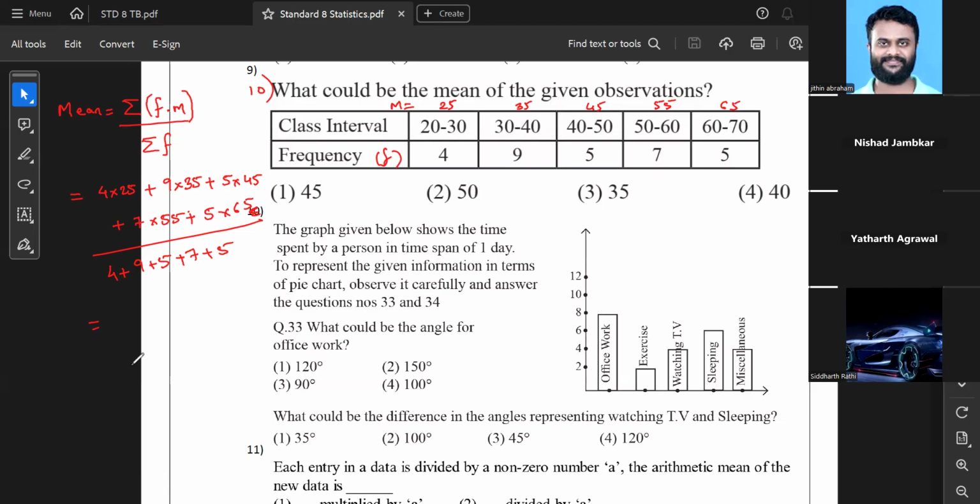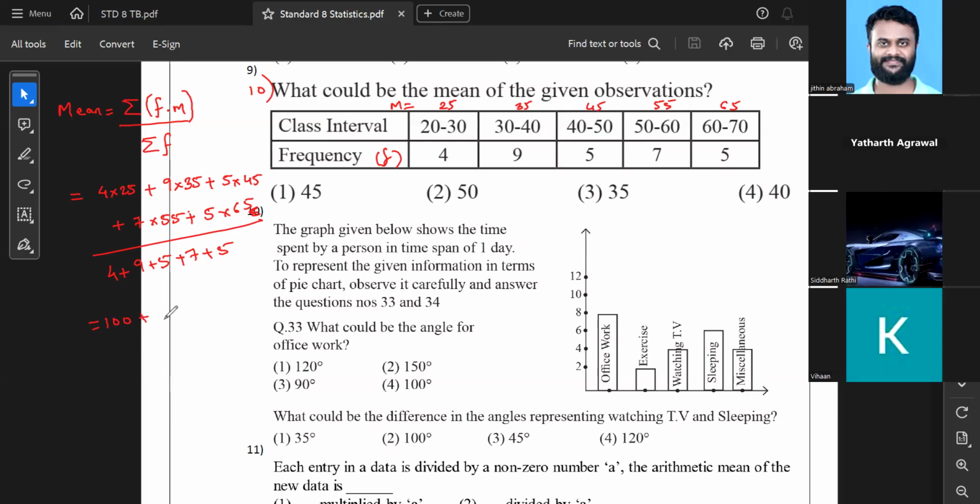Now let us try to solve. 4 multiplied by 25 is 100. 9 multiplied by 35 is 315.